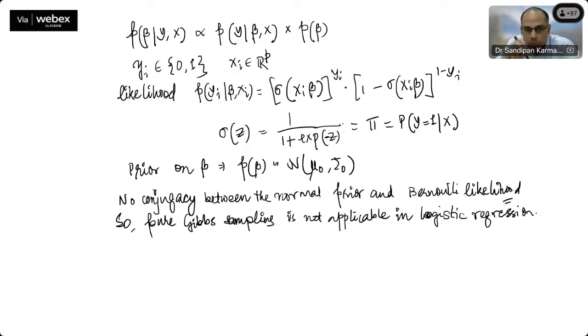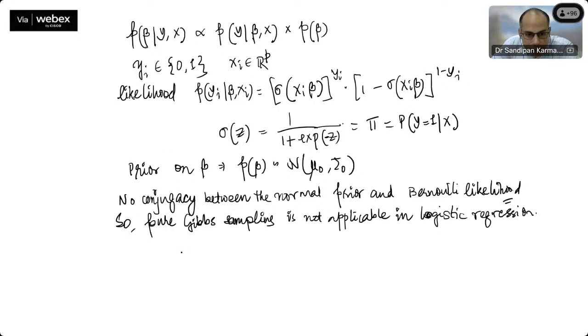Metropolis Hastings is suited for non-conjugacies, but it does not scale up in a high dimensional scenario. In a high dimensional scenario, conjugacy needs to exist.